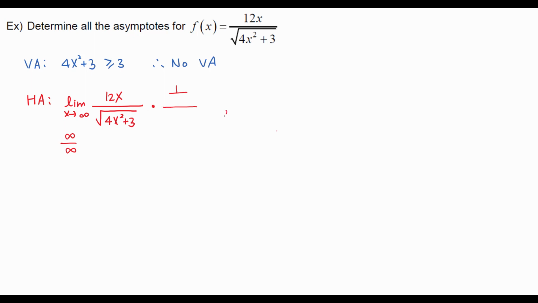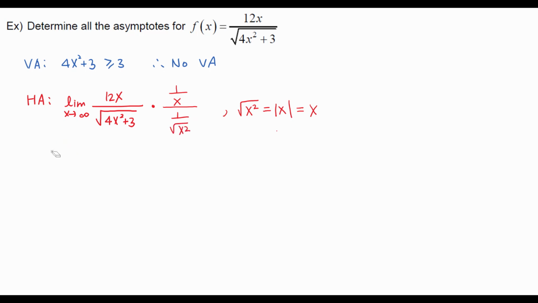In the denominator, the highest power is the square root of x squared, which is the absolute value of x. But because x is approaching positive infinity, x is a positive number, so this will be equal to just x. On the numerator, I can use 1 over x since there is no radical in the numerator. But because the denominator has a radical, we will leave it as 1 over the square root of x squared.